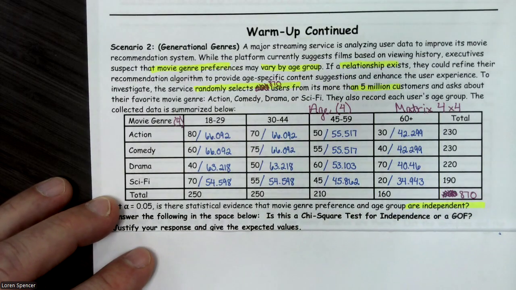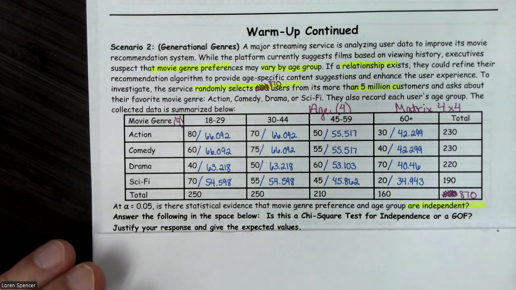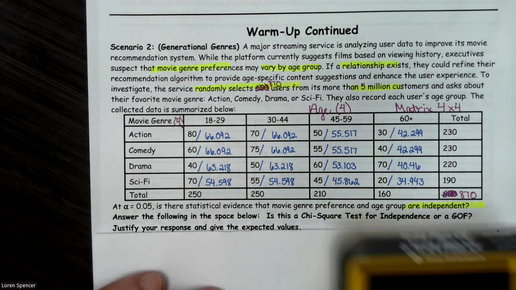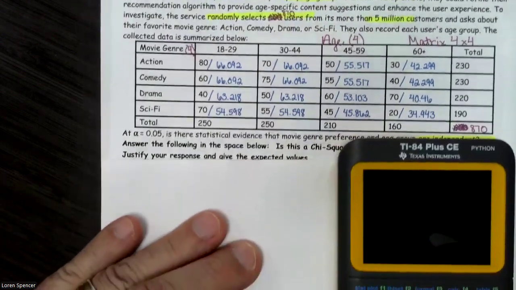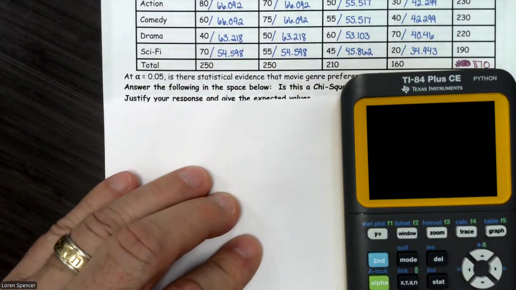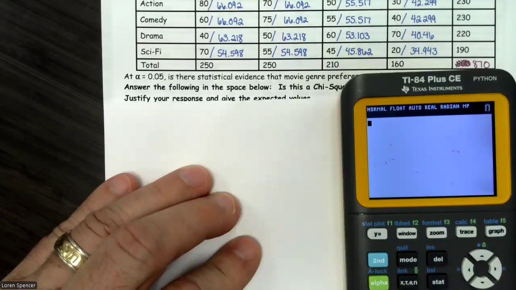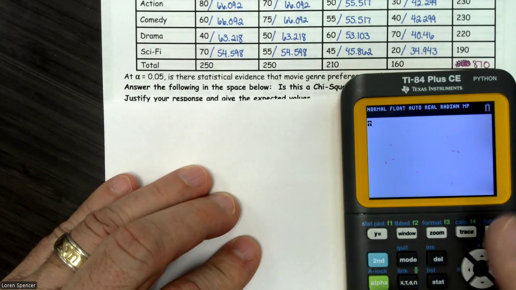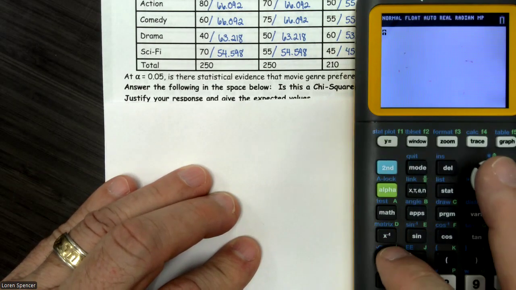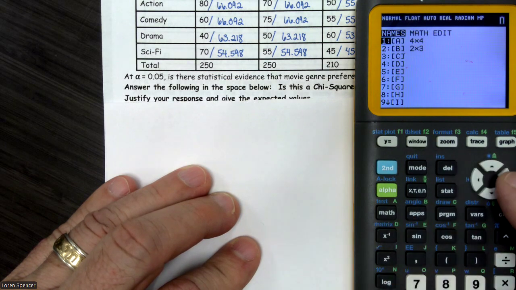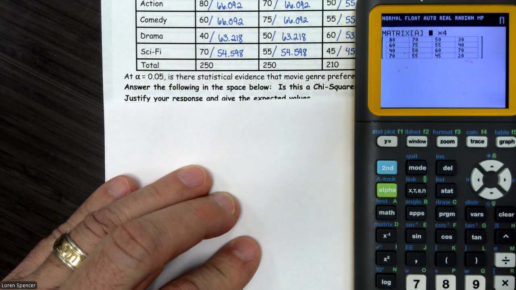All right, the other thing we need to do is calculate our expected values. Now I know you can see them right there and copy them, but here's how you actually get those. You're going to get to a clear screen and go blue and then look for the matrix button right here, arrow over to edit, press enter.